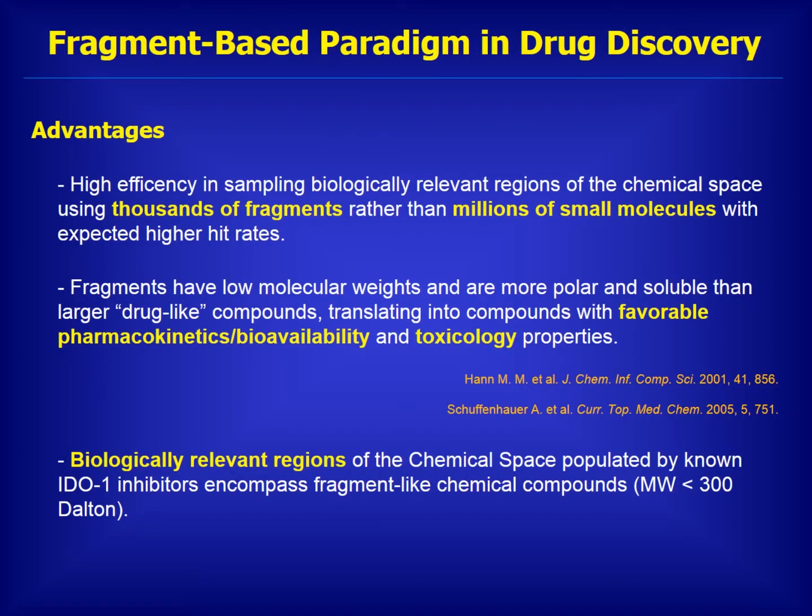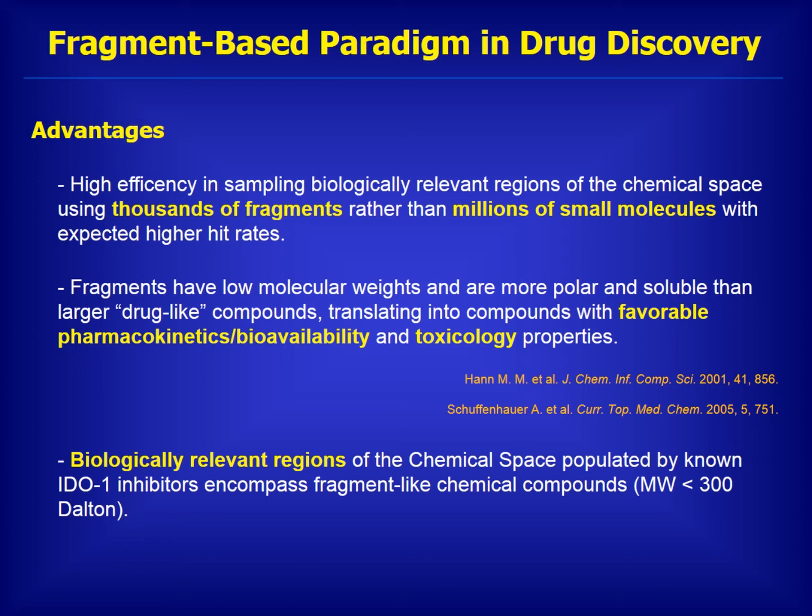So in summary, the advantage of using the fragment-based paradigm in drug discovery is that we have a high efficiency in sampling biologically relevant regions of the chemical space using thousands of fragments rather than millions of small molecules, with expected higher hit rates.